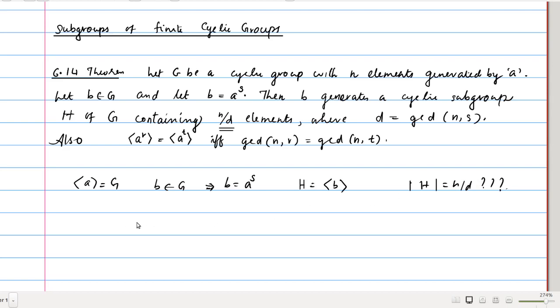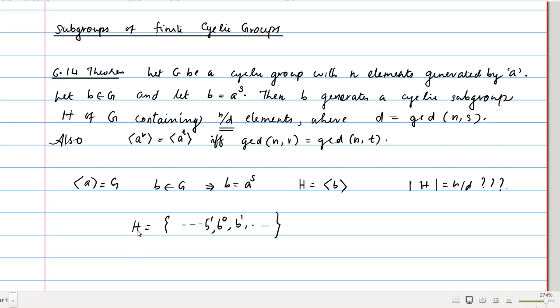That means H contains the elements B raised to 0, B raised to 1, up to B raised to m minus 1. Since G is a finite group itself, any subgroup is finite, so H has only finitely many elements.